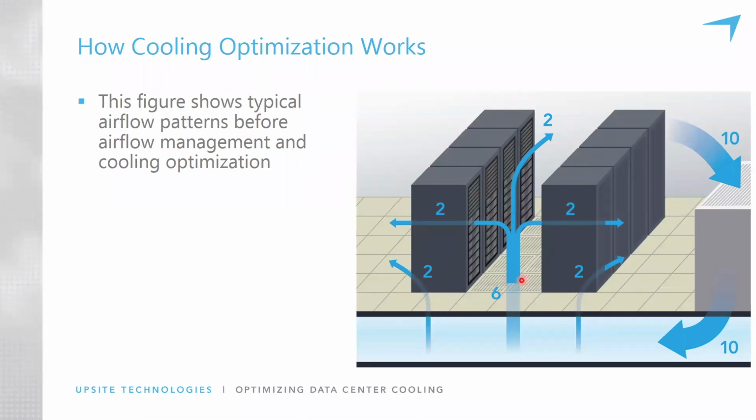In this case, we have 6 units coming out of the supply tiles in the cold aisle, and 4 units of air coming out of unsealed openings under the cabinets, 2 in this row and 2 in this row. In this row of cabinets, the IT equipment is consuming 2 units of airflow, and in this row of cabinets, another 2 units of airflow is consumed.